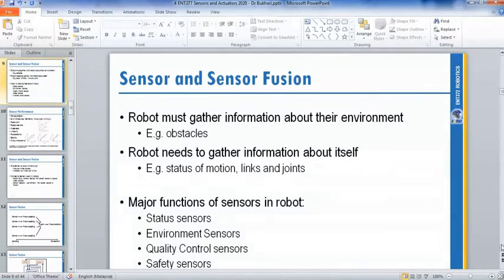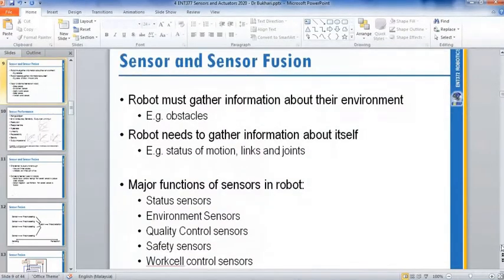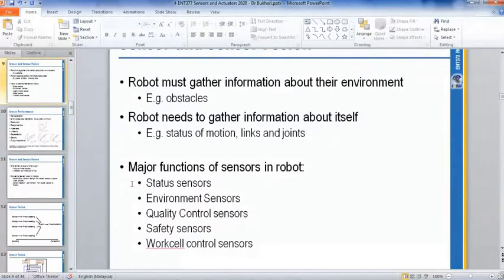The major functions of sensors in a robot: status sensors measure, for example, the voltage and current inside the robot. Environment sensors are for external sensing.